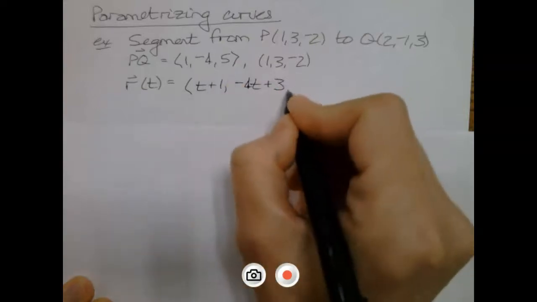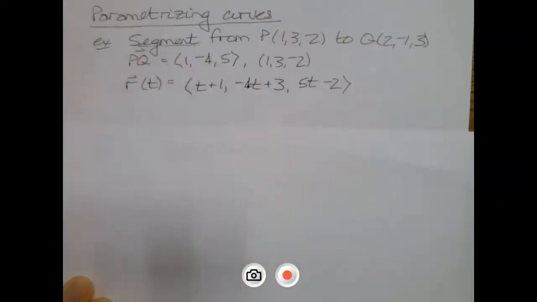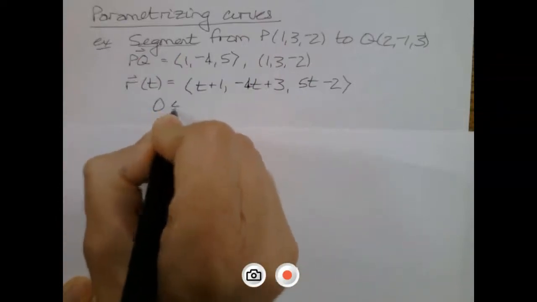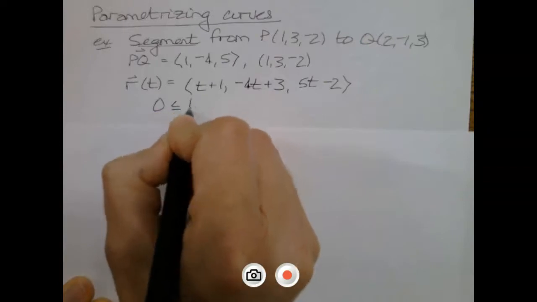And for z, 5t minus 2. Since we're looking for a segment and not the entire line, it is important to specify t goes from 0 to 1. And there it is.